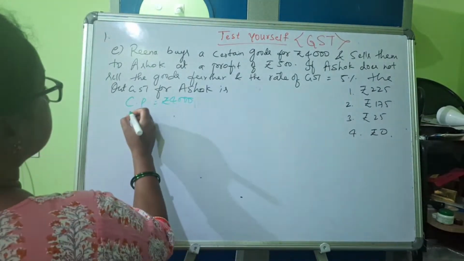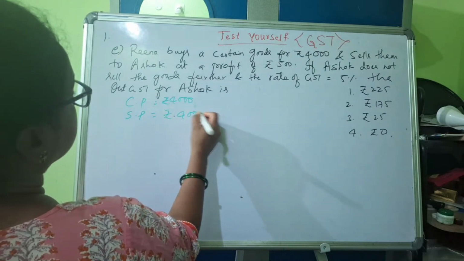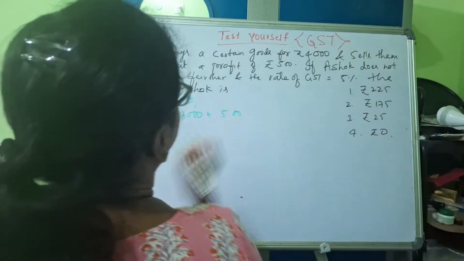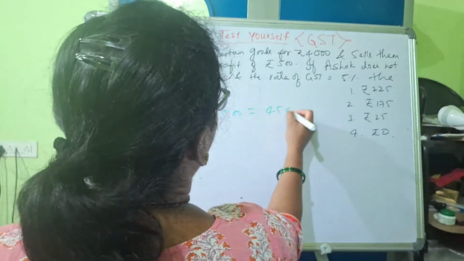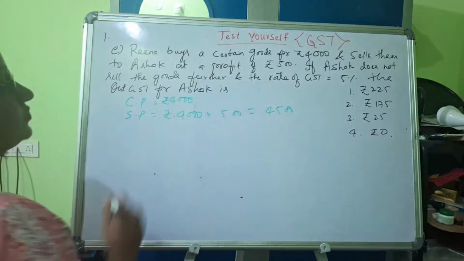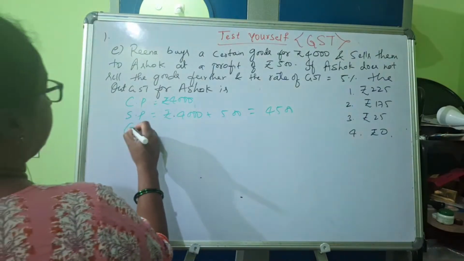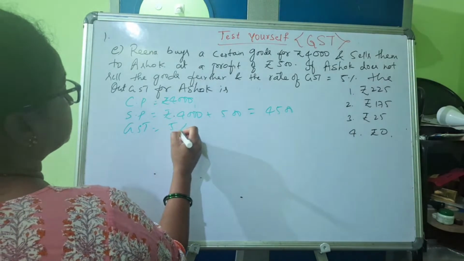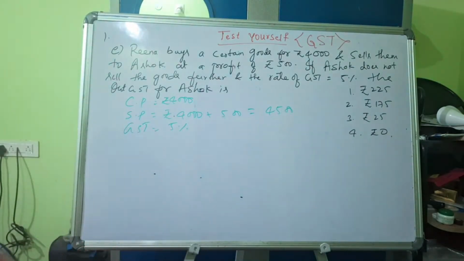That means the selling price is equal to rupees 4,000 plus 500, which is equal to 4,500. We have to find the output GST for Ashok.